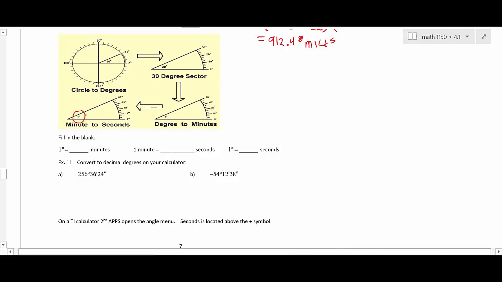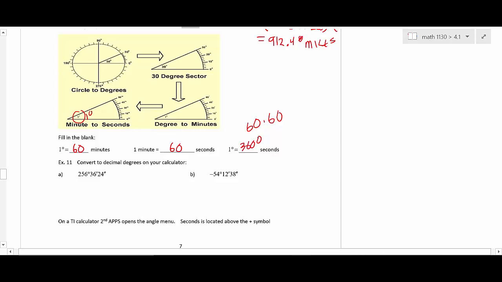If you have 1 degree, that's 60 minutes. So every time you have a degree, you can further subdivide it into 60 minutes. And if you have 1 minute, then that's 60 seconds, just the same way it is in time, but here it's a way that we measure angles. So 1 degree would be 60 times 60, or 3,600 seconds.